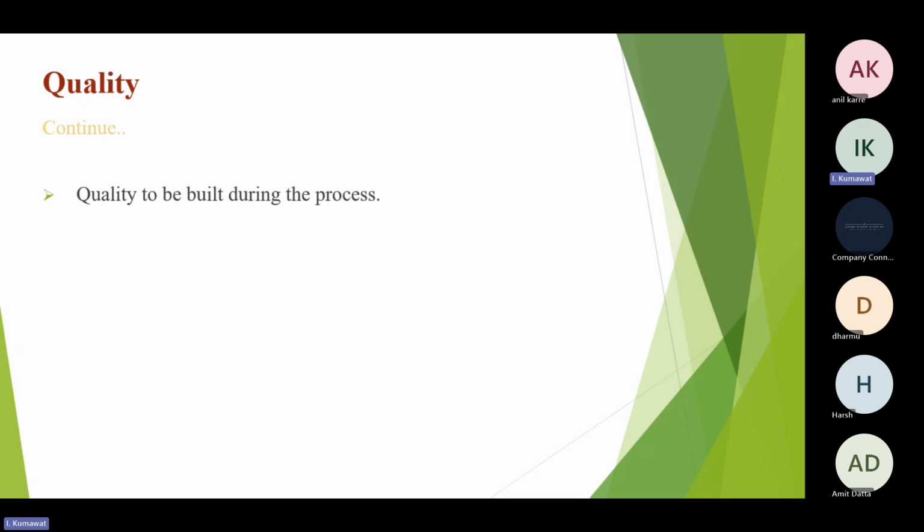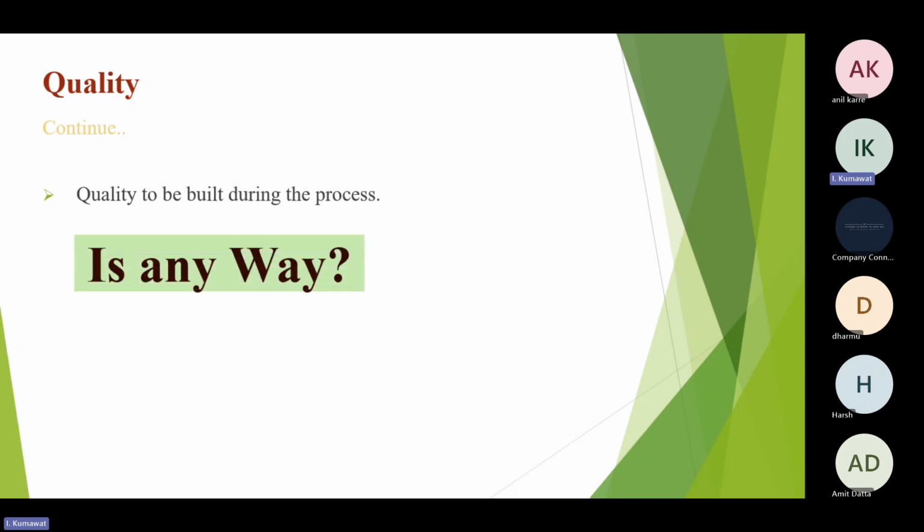If our process is validated, process validation in short, then we can say that whatever product is generated during manufacturing will be a quality product.